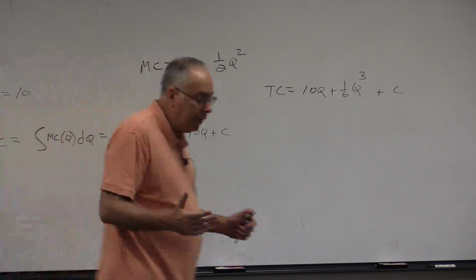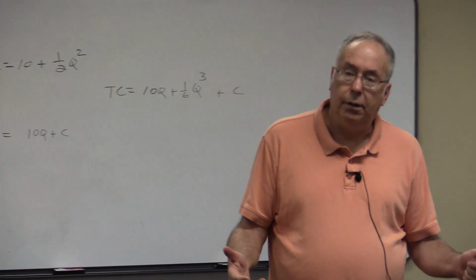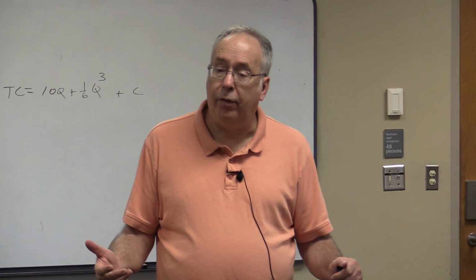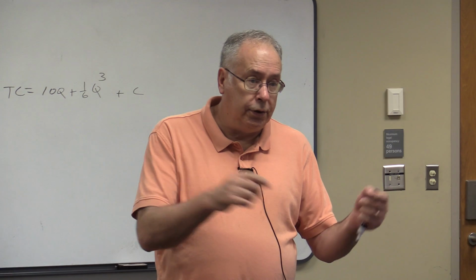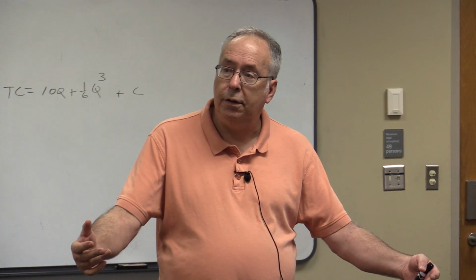Okay. Going from marginal revenue to total revenue. Marginal revenue is the derivative of total revenue with respect to output. So if you integrate marginal revenue, you get total revenue.